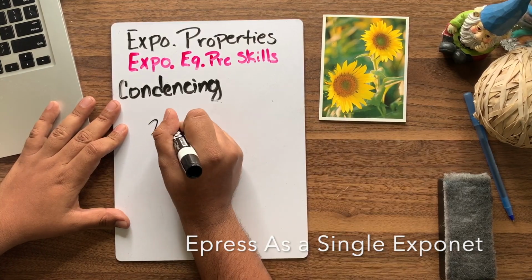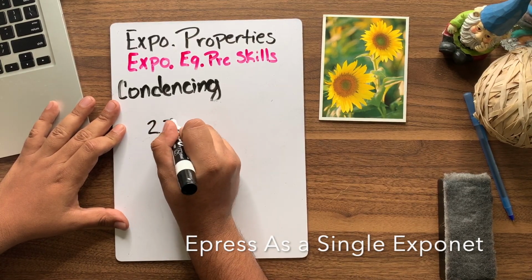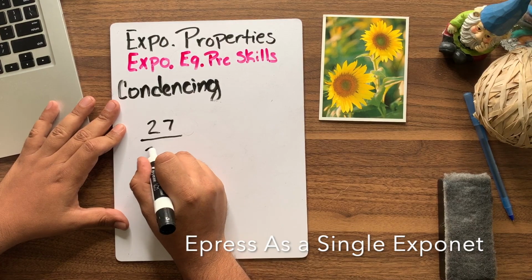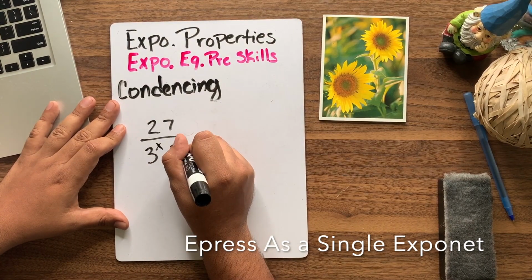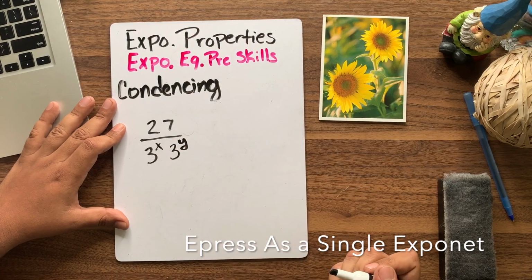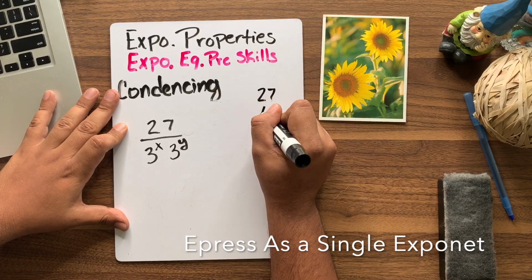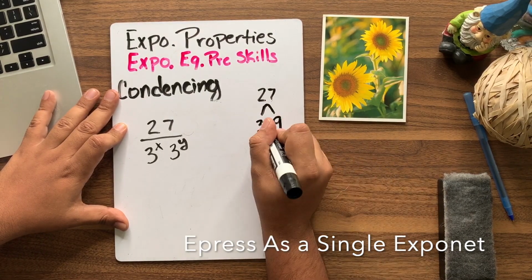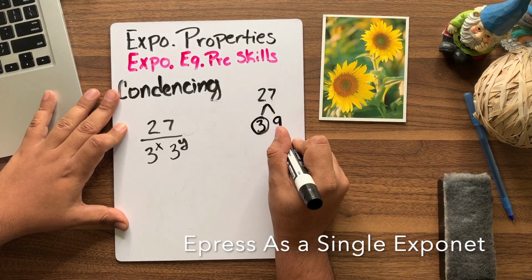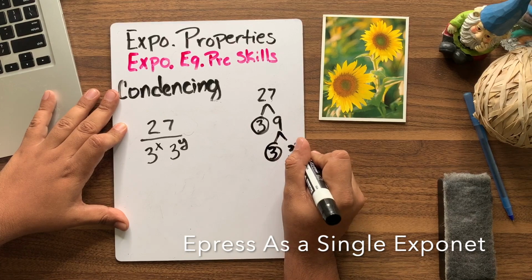What happens if you have 27? Okay, let's look at 27 over 3 to the x, 3 to the y. Well, 27, maybe we have a common base there, so it's made of 3 times 9, and that is a prime. 9 can still be factored into 3 times 3, and that's a prime, and that's a prime.